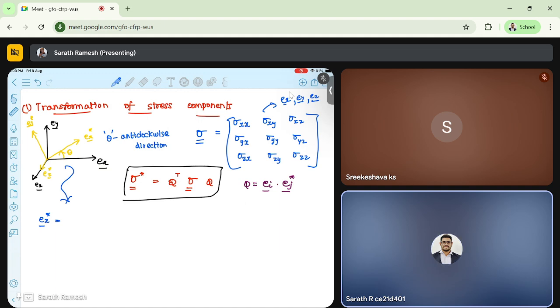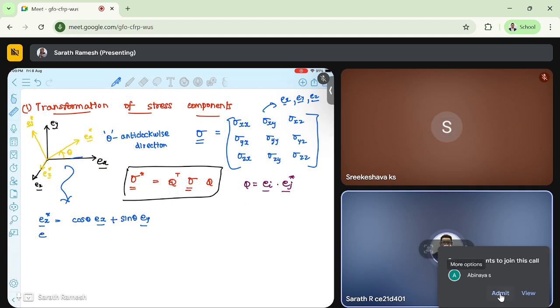We can write Ex star equal to cos theta Ex. Why cos theta? Because here it's along theta, so along theta is cos theta. Opposite is sin theta. So cos theta Ex plus sin theta Ey. Ez I'm not writing.